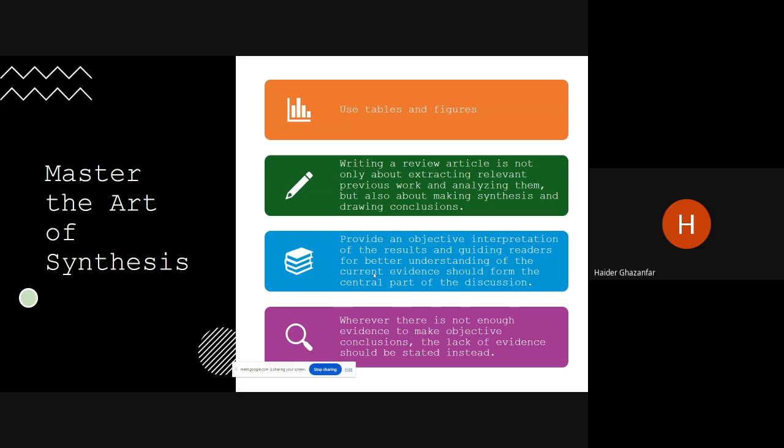This is really important. So, for example, if you're writing a review article on IBD medications, and some of them are still in phase 2 and phase 3 trials, and there's very limited literature available on them, it's better to state that the medication is still in development. We don't have phase 4 studies done on this topic, and so it's very hard to comment on long-term complications.